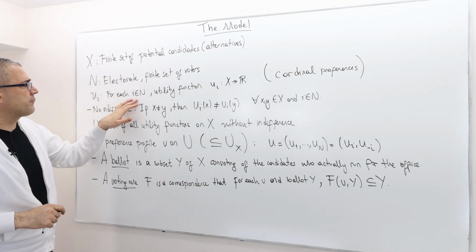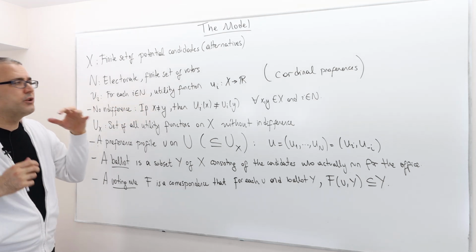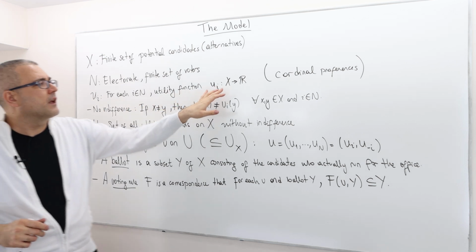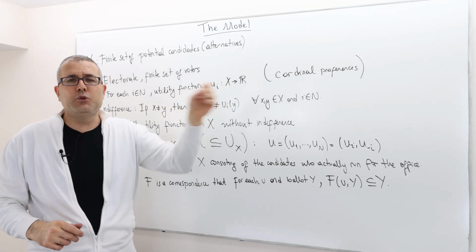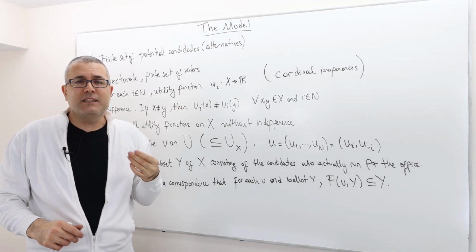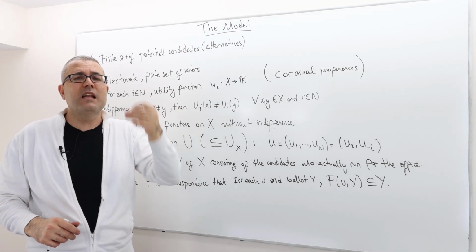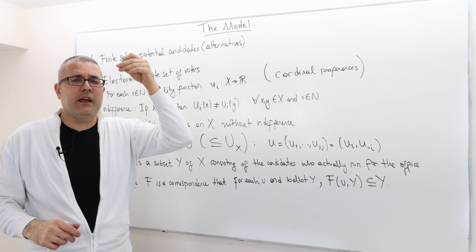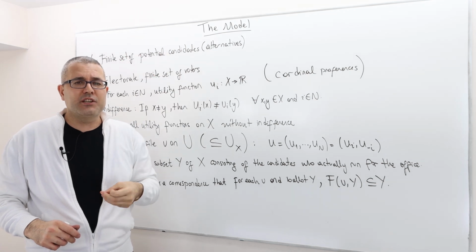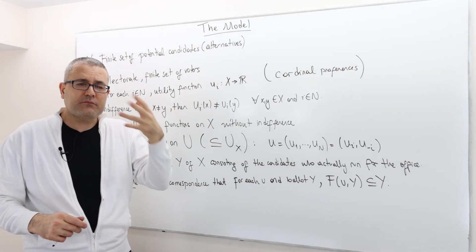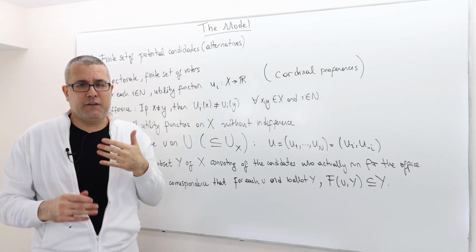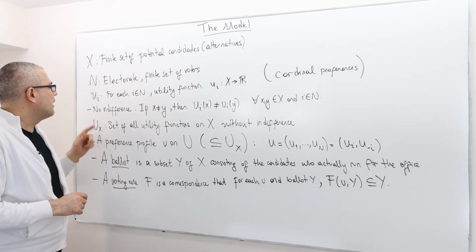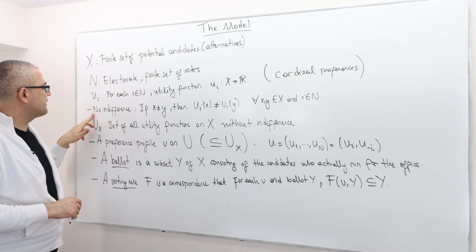So for each voter i, a utility function U_i is a function which maps each candidate to a real number. It tells us not only how a voter ranks the candidates, but also the intensity of the preference of voter i over the set of candidates.